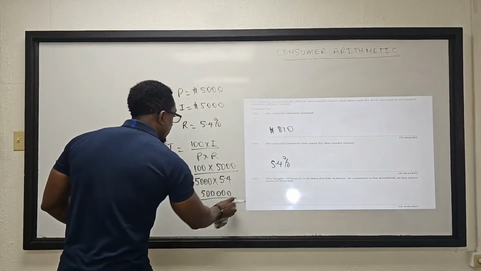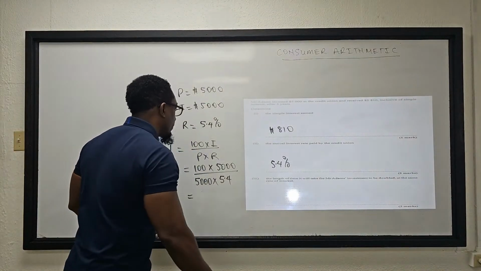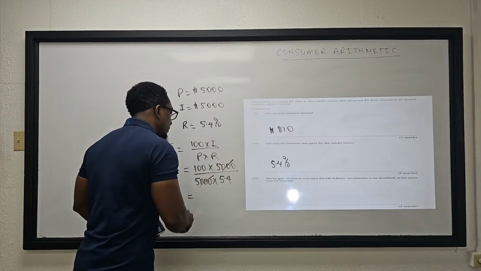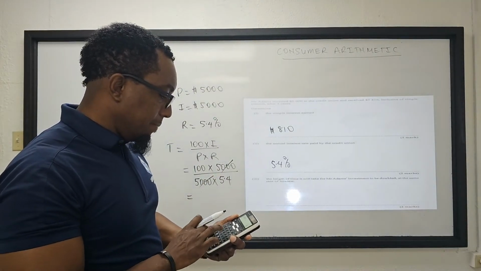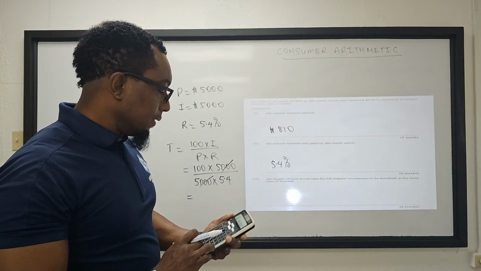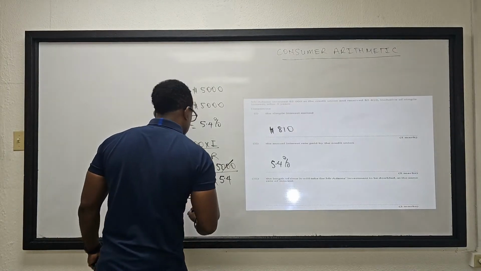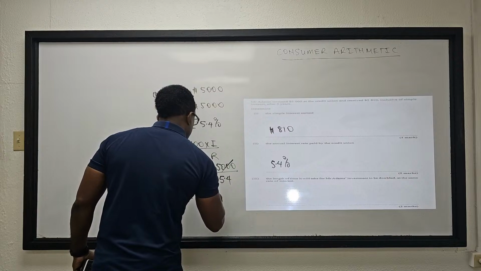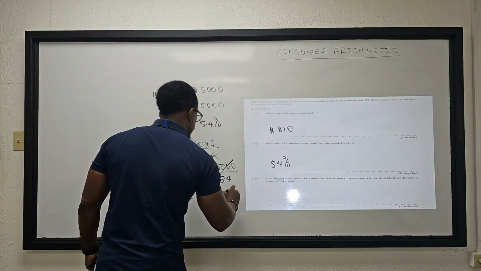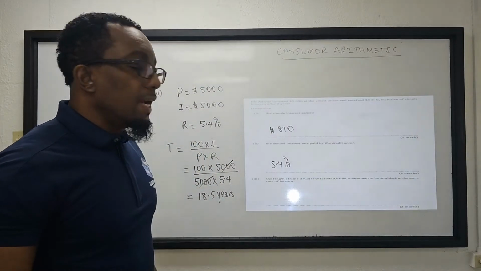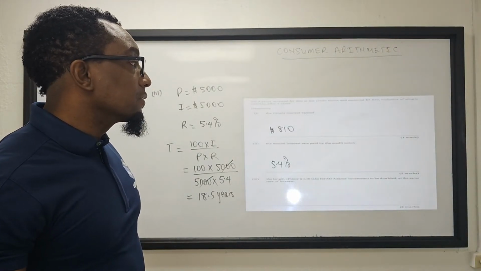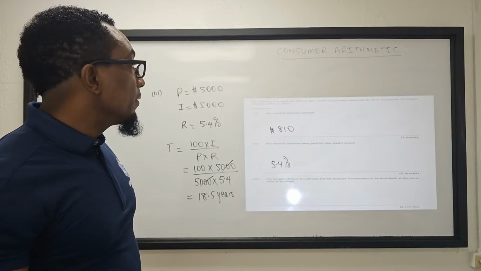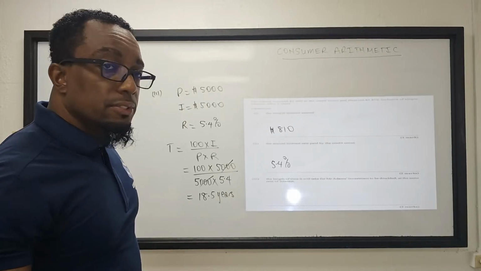Let's do that easy. So 100 divided by 5.4 will give us 18.5 years. Right, so 18.5 years will take Mr. Adams' investment to double at the same rate of interest.